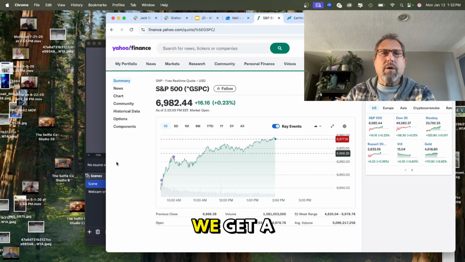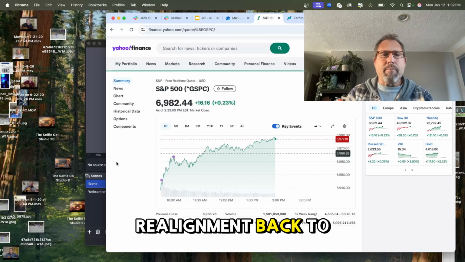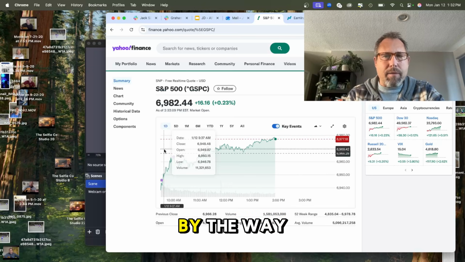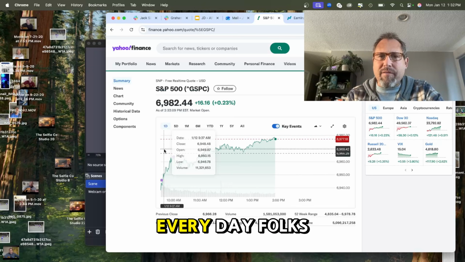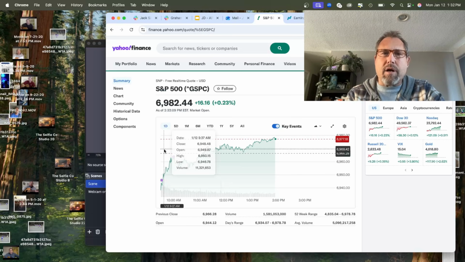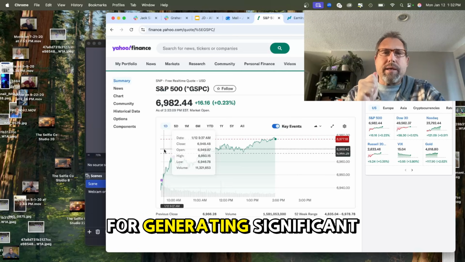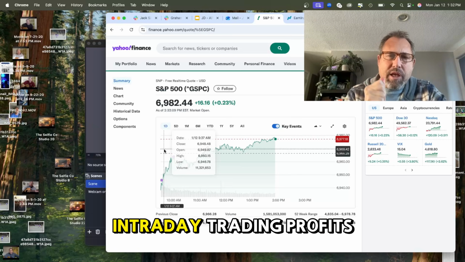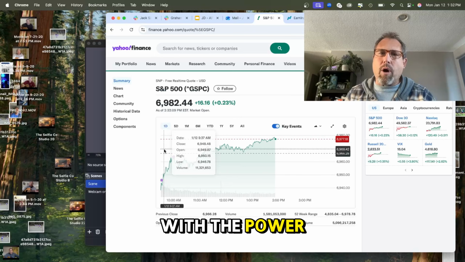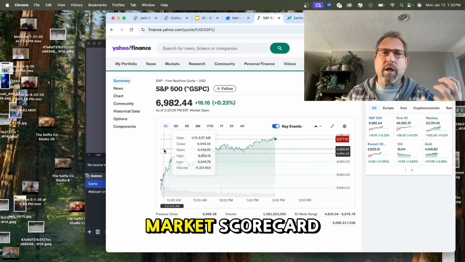Phase four, we get a realignment back to true value. It works. This cycle, by the way, repeats each and every day, folks. And it is a key driver for generating significant intraday trading profits, especially when you accompany it with the power of the Daily Market Scorecard.